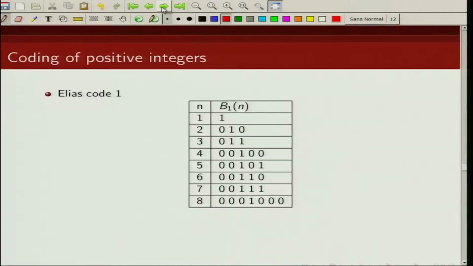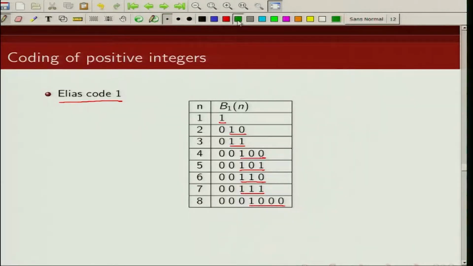So Elias came up with a scheme to encode these positive numbers. I'm calling this Elias code 1. Now what he did here, let me show you. This is the binary representation of 1, binary representation of 2, binary representation of 3, binary representation of 4, 5, 6, 7 and 8.